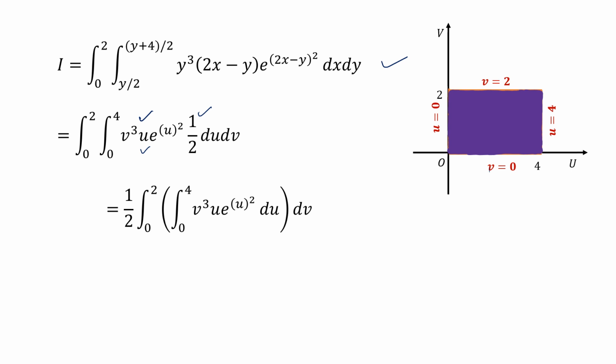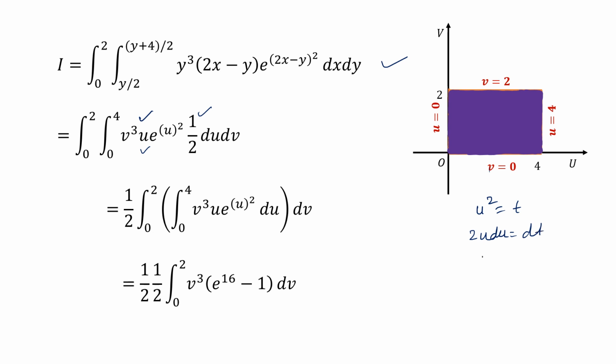So again, it is a separation of variables. You can also separate out the 1 by 2. So first we perform for u. So it is u e to the power u square. You can keep u square equal to t. So 2u du will be dt. So u du will be 1 by 2 dt, and the limit for u equal to 0, t will be 0.